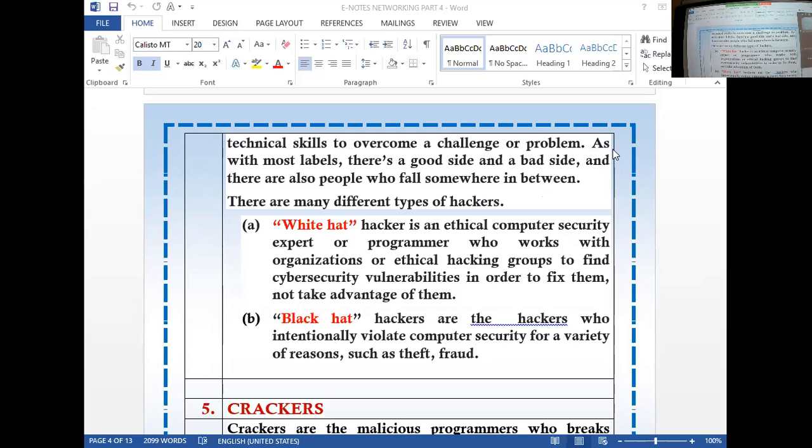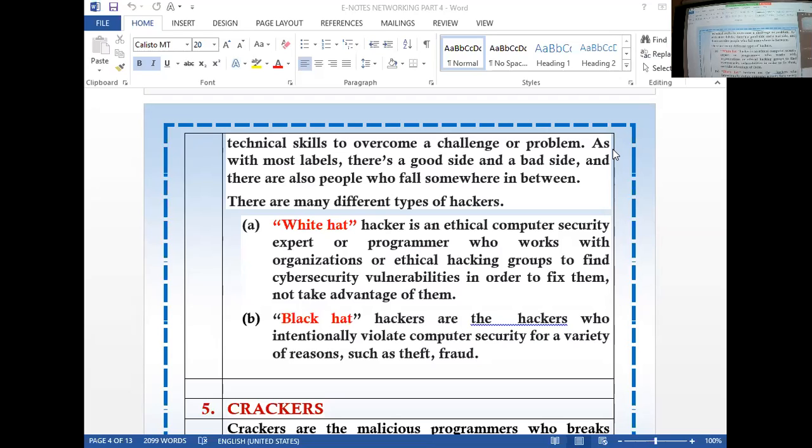Now the black hat hackers, they are the negative persons. Black hat hackers are the hackers who have negative intentions, who are playing an illegal role. They violate the system security, right? Maybe for identity theft, maybe to commit online fraud, maybe to hack the personal data of the user.